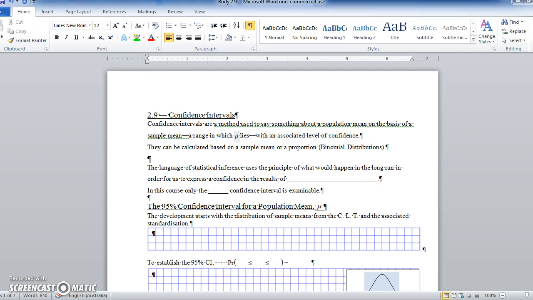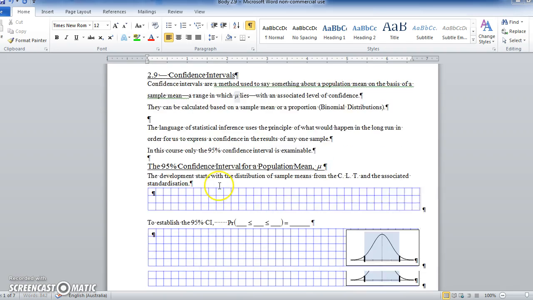For the moment it's probably not going to make a huge amount of sense, but do trust me, I will come back to this. So the language of statistical inference uses the principle of what will happen in the long run in order for us to express a confidence in the results of any one sample. In this course, only the 95% confidence interval is examinable. That'll also make a bit more sense as we go through.